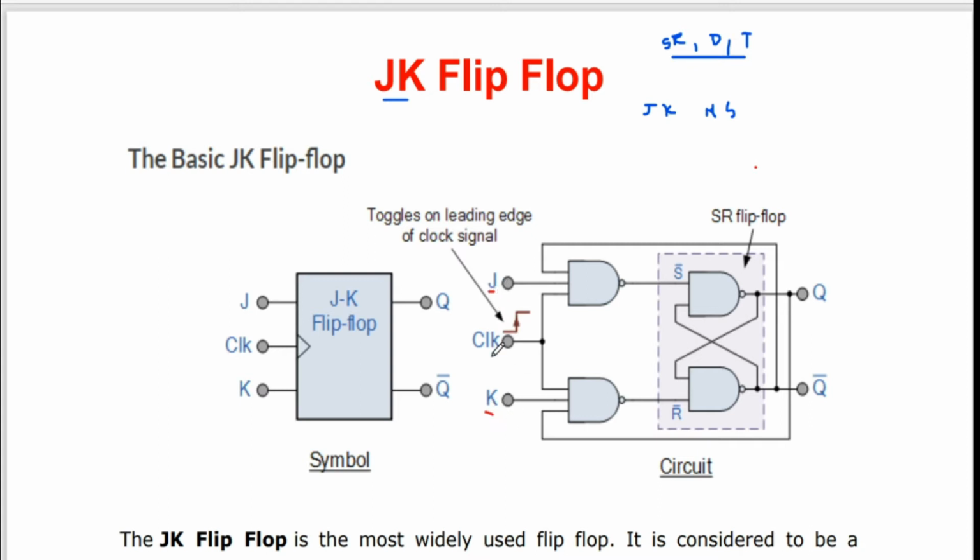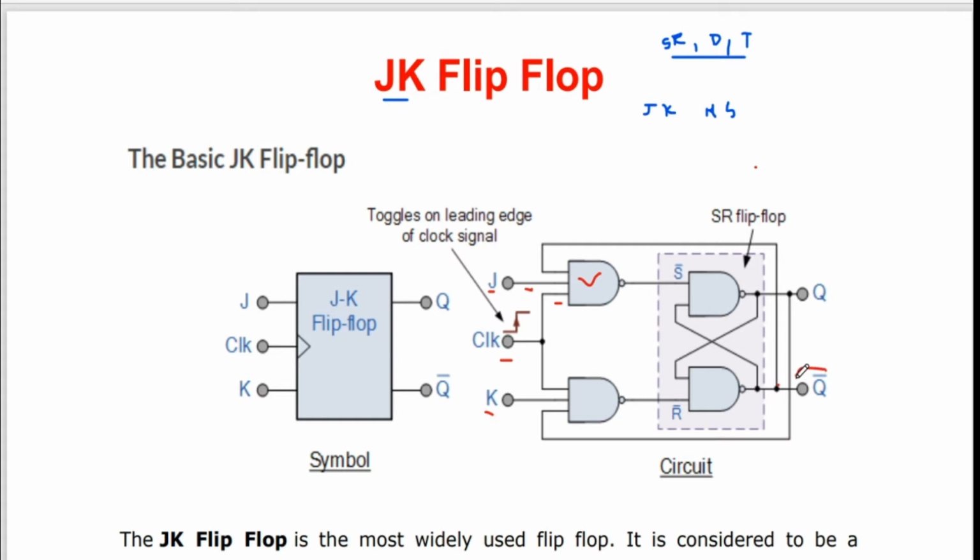Now we have a clock pulse, and then you can see here, to the first NAND gate, apart from the clock input and the J input that is coming, we have another input that is coming. What is that? It is the feedback, that is the output of Q bar.